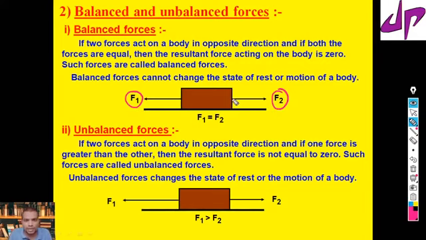You can see the length, the size, of the arrow marks is equal and they point in opposite directions. So these forces are known as balanced forces. Balanced forces cannot change the state of rest or motion of the object.